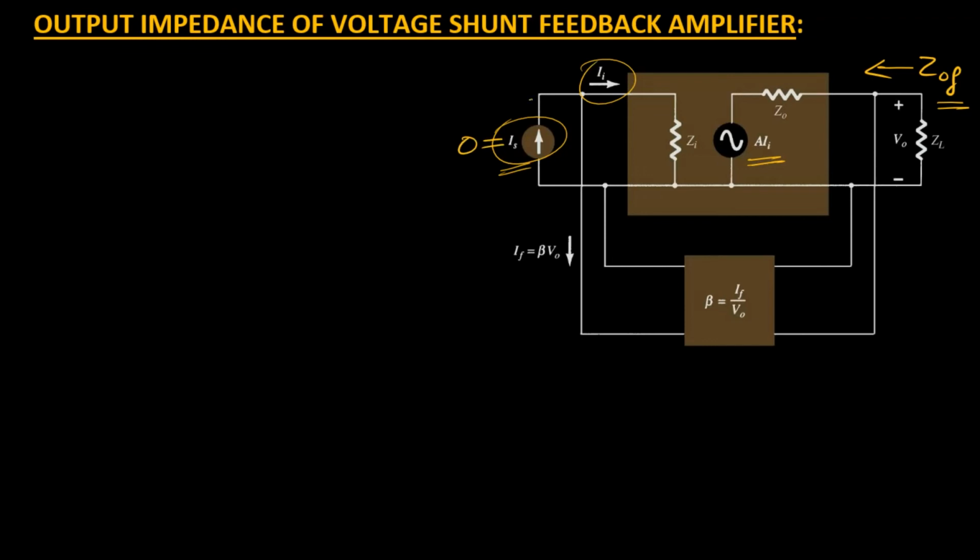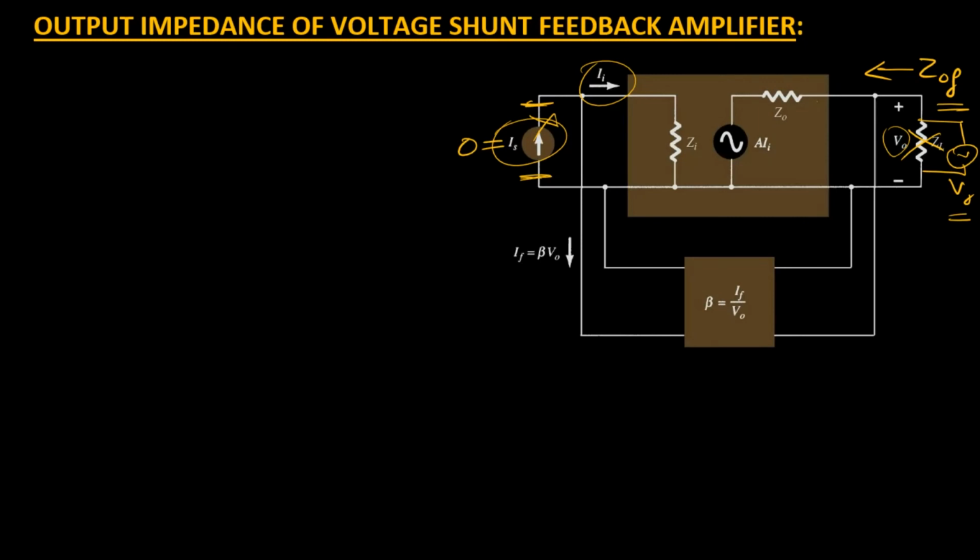So we need to make this an open circuit at the input side to make Is 0. Secondly, we need to remove ZL and replace it with a potential of Vo, the same potential we were having previously. Now let us assume that Vo is contributing a current Io which is flowing through Zo, so that we can write this mathematically.